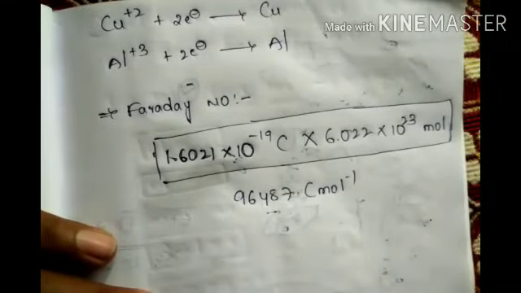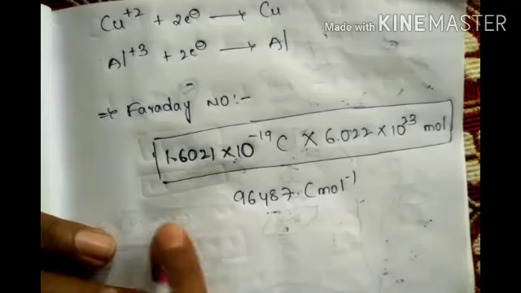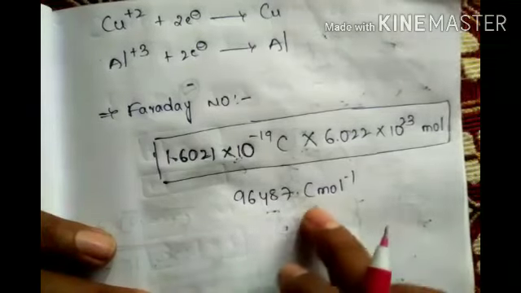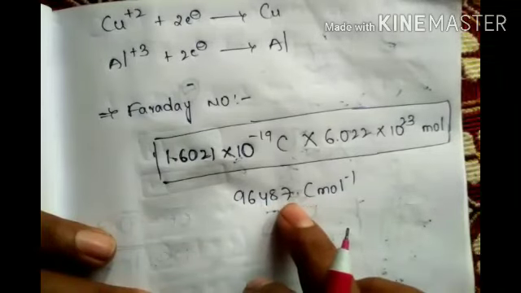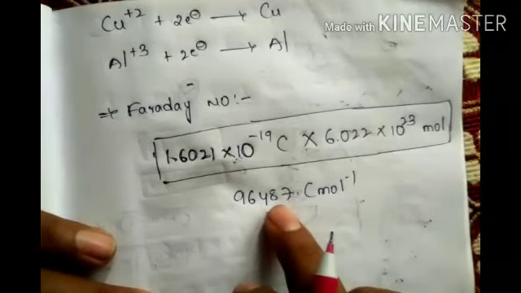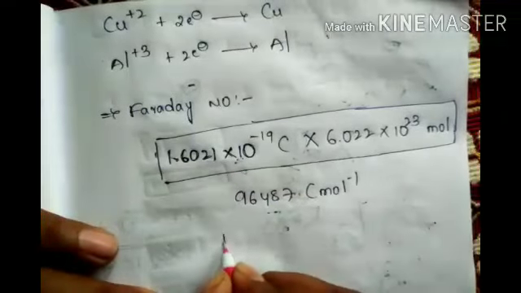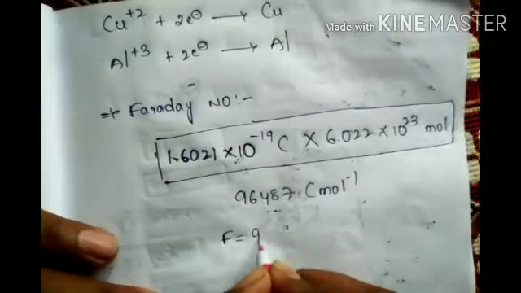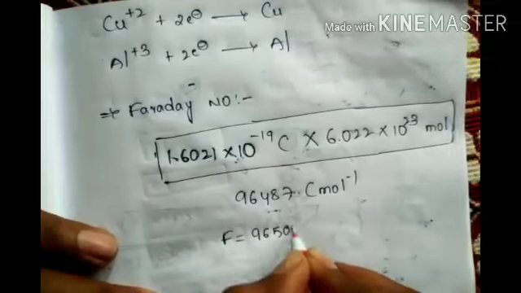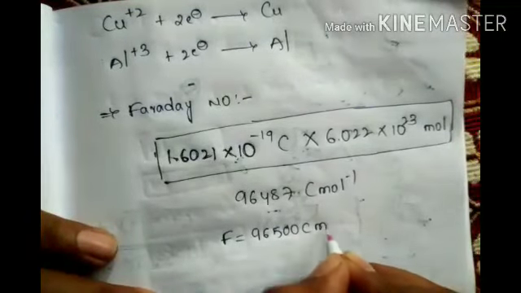Coulombs per mole. This is Faraday's constant number. So 96487, according to significant figures, 1 Faraday equals 96500 coulombs per mole.